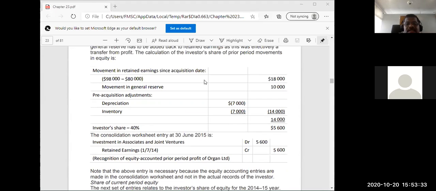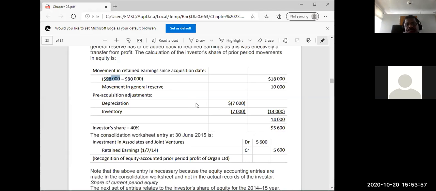Now look at this one: movement in retained earnings since acquisition date. Can you remember at the acquisition date your retained earnings was 80,000, and one year later your retained earnings was 98,000?